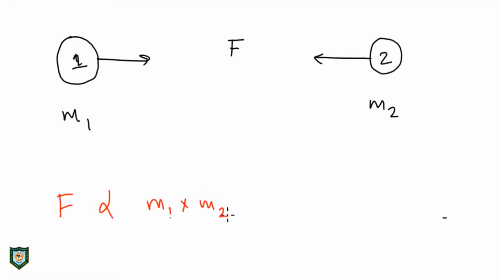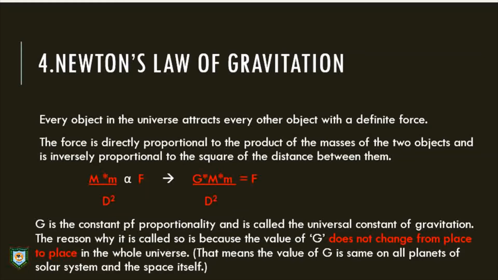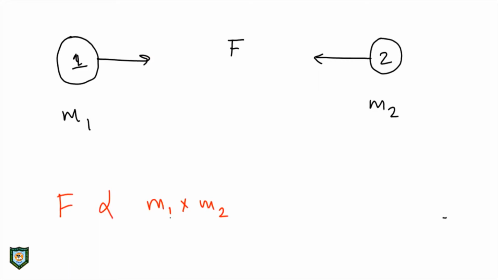The statement has clearly said that force is directly proportional to the product of masses, which is m1 into m2. Moving on to our next statement, and is inversely proportional to the square of the distance between them. As we can see, both these balls are kept at a certain distance. I'm going to call this distance d. You can call it capital D or small d, it does not matter.